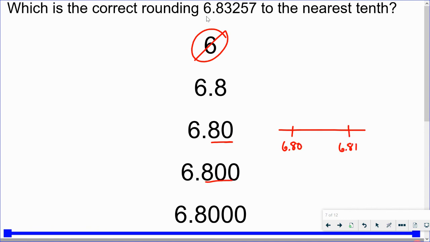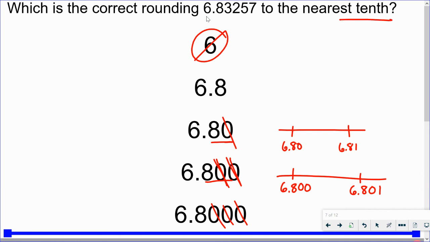If you put more zeros, that would look like you're rounding between 6 and 800 thousandths and 6 and 801 thousandths. You cannot put extra zeros that make it look like you're rounding to the hundredths or to the thousandths or to the ten thousandths. If it asks you for the tenths place, get to the tenths place and stop.